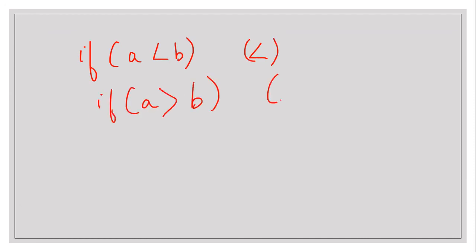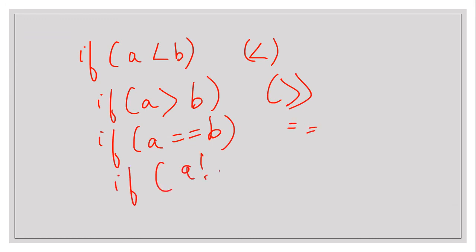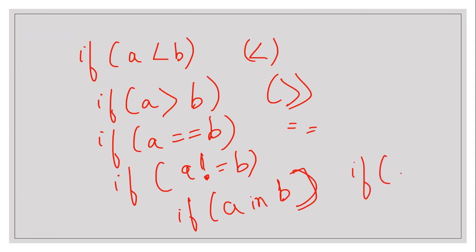For conditions, suppose if a is less than b, this is less than. Then if a is greater than b, this is greater than. Then if a equals b, and if a not equal to b. Then there is if a in b, if a not in b.